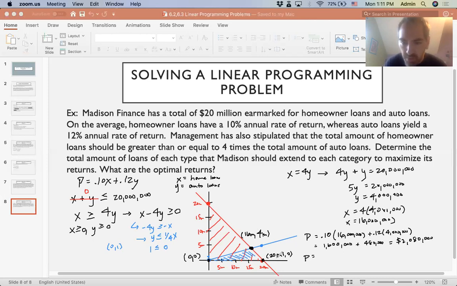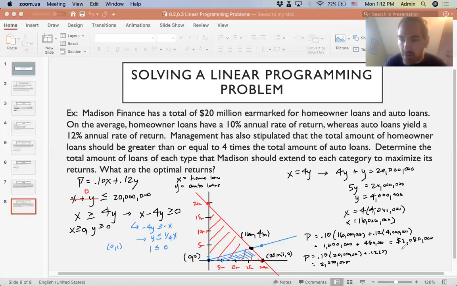Now we'll do the same thing for this 20 million, and we've got 0.10 times 20 million plus 0.12 times 0. That gives us 0.1 times 20 million, that's 2 million.